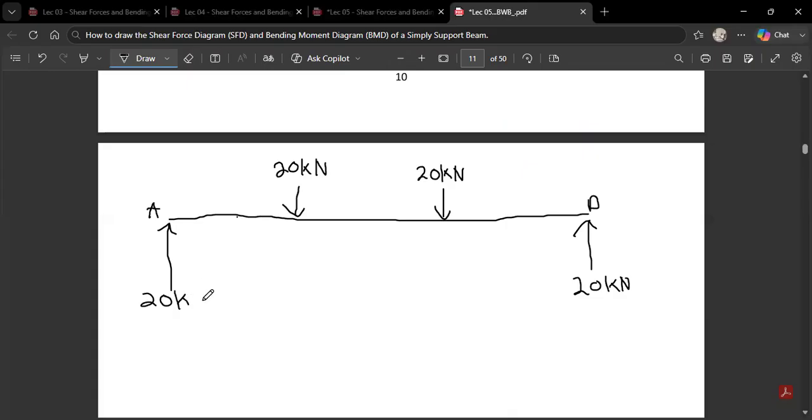So we have to just dimension it, and then we can start plotting the graph. For the diagram there, you just have to learn how to draw it, because you'll be drawing it more and more. So this is 3 meters. This is also 3 meters.